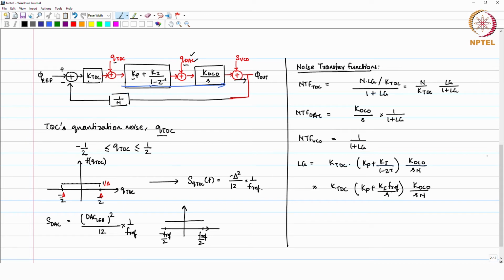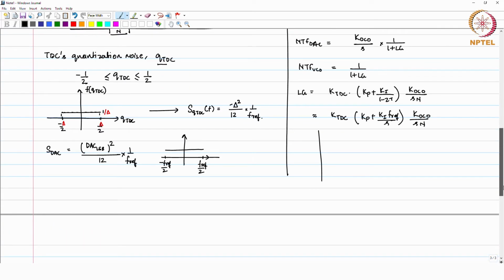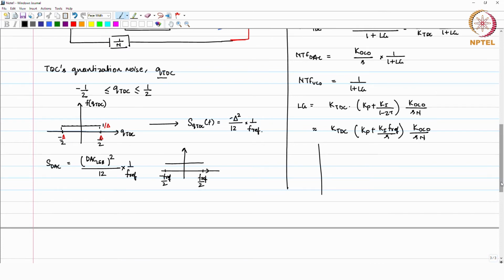Okay. So, given this loop gain and the noise transfer function, it is easier to just plot these functions once rather than just thinking about them.